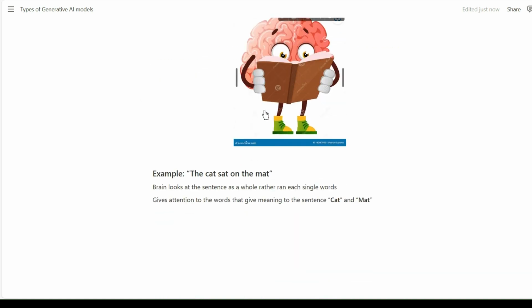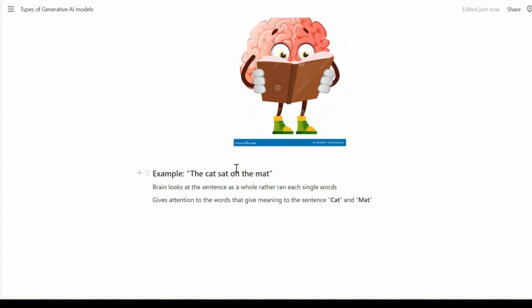For example, look at this sentence: the cat sat on the mat. When you try to read it, your brain tries to read the sentence as a whole. Your brain does not read it word by word.